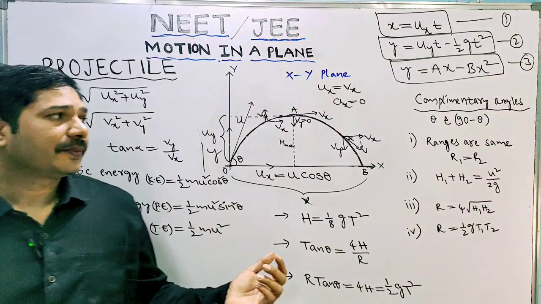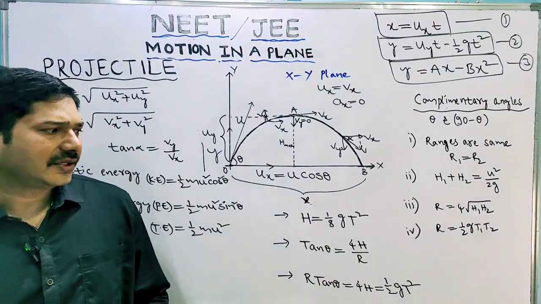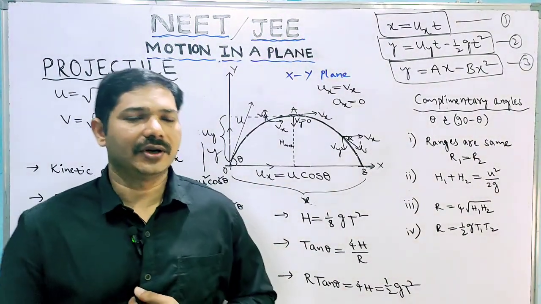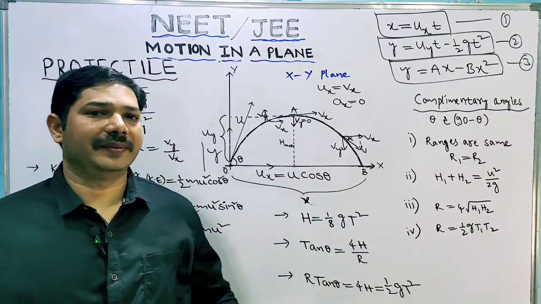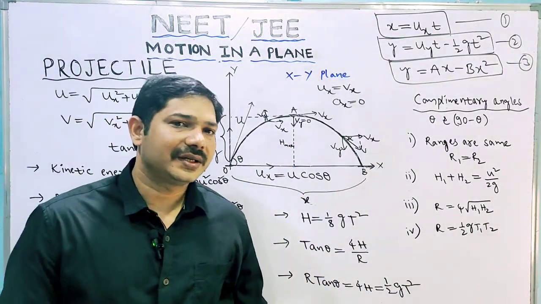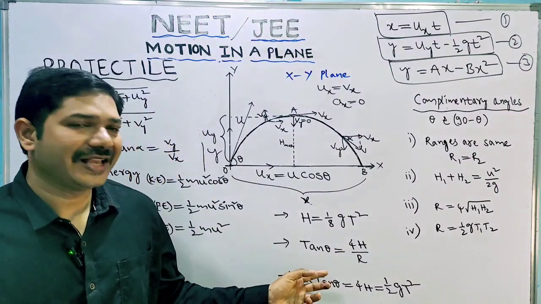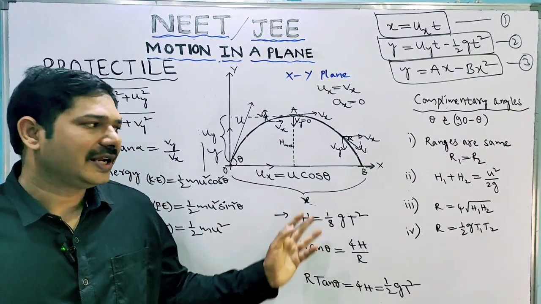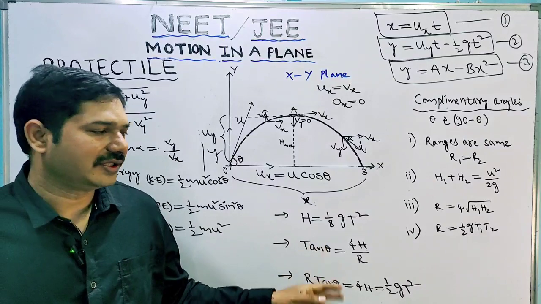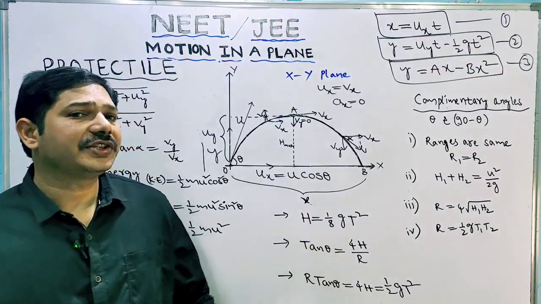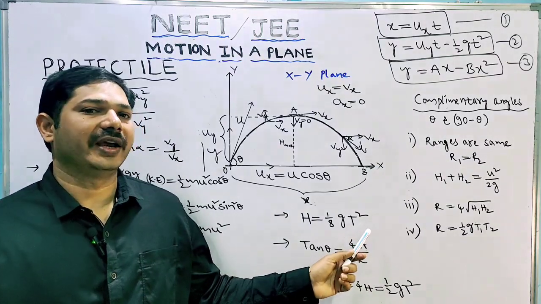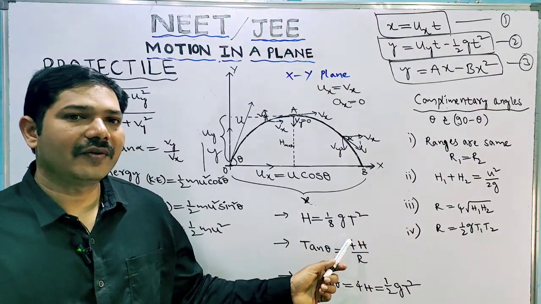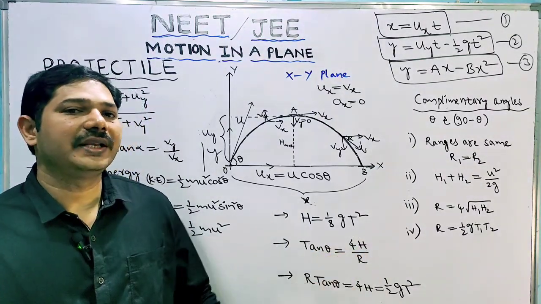So next, complementary angles. But before complementary angles, here is the relation between maximum height, time of flight and range. Maximum height h equals 1 by 8 into g into t square, where t is the time of flight.